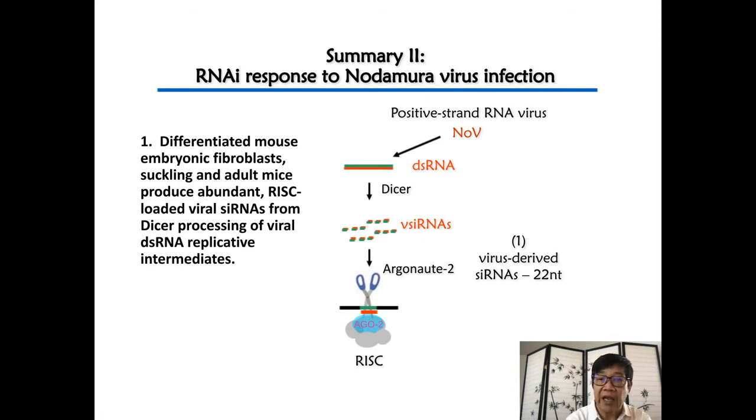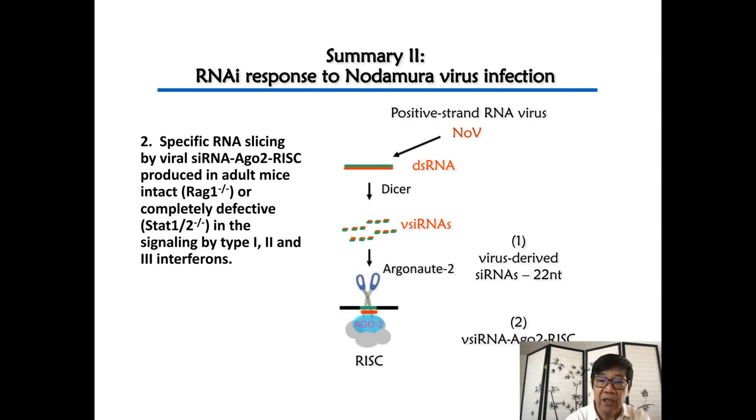And these RNA are loaded in Argonaute to direct specific slicing. So these viral siRNA loaded Argonaute are active to direct specific RNA slicing, and their activity is not affected by presence or absence of interferon signaling.